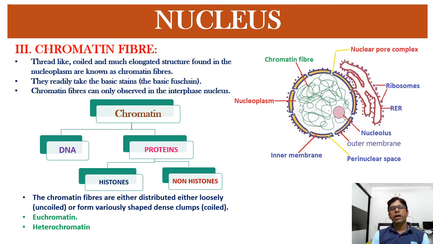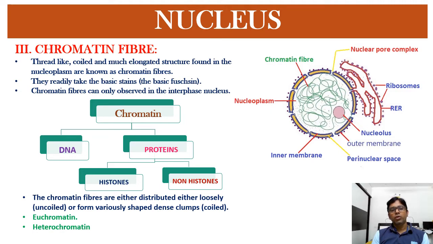When you stain them, some regions appear pale and others appear dark. The pale regions, where the chromatin is loosely coiled and takes less stain, are called euchromatin. Where the chromatin is coiled more and takes a high amount of stain, it appears dark. This chromatin is called heterochromatin.